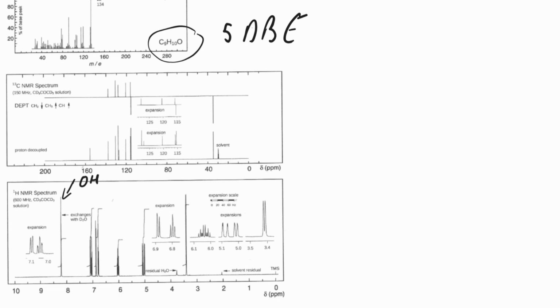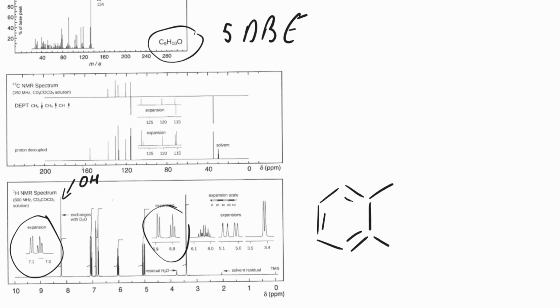If we look at the expansions from around that region, which is this one and this one, we can see we have 4 peaks, 2 of which look like doublets and the other 2 look like triplets. This signal is indicative of an ortho-disubstituted ring, and we don't know what's attached out there. But it does give us a fragment.